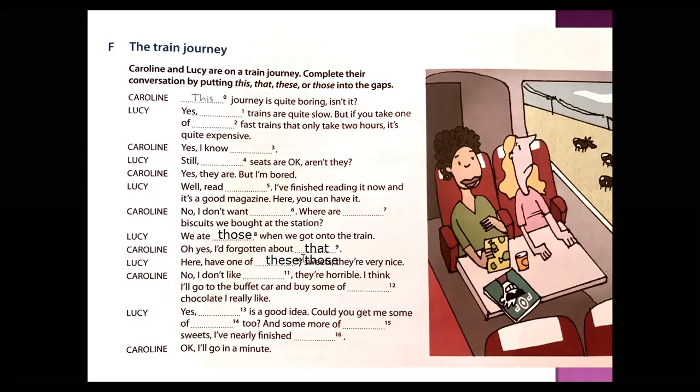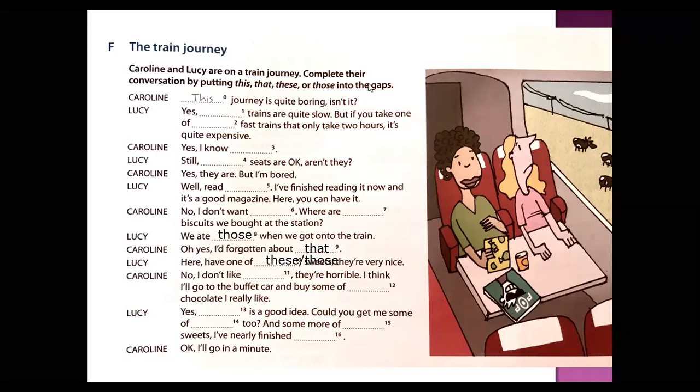One of these. Which one? These. So that means you're going to cross out those, because they are in the present. And then she said, no, I don't like them. They are horrible.